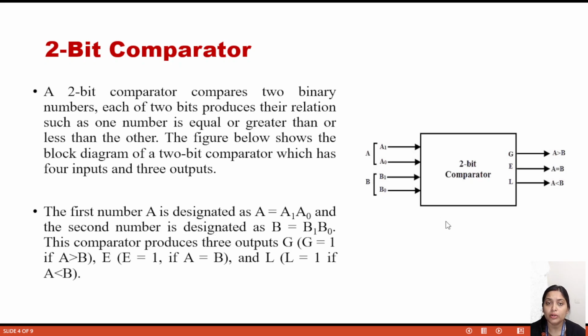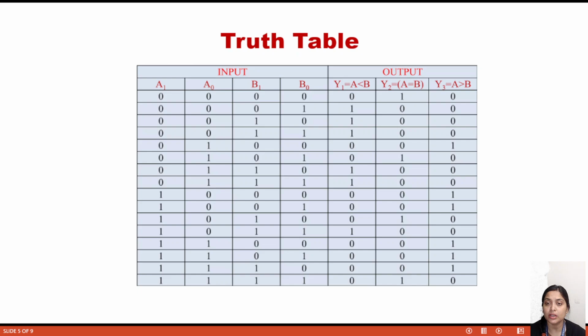Now we are going to the truth table. The inputs are A1 A0 and B1 B0, and the outputs are three, Y1 Y2 Y3, that means A less than B, A equals B and A greater than B. There are 4 inputs, so the combinations will be 2 to the power 4, which means 16 combinations.